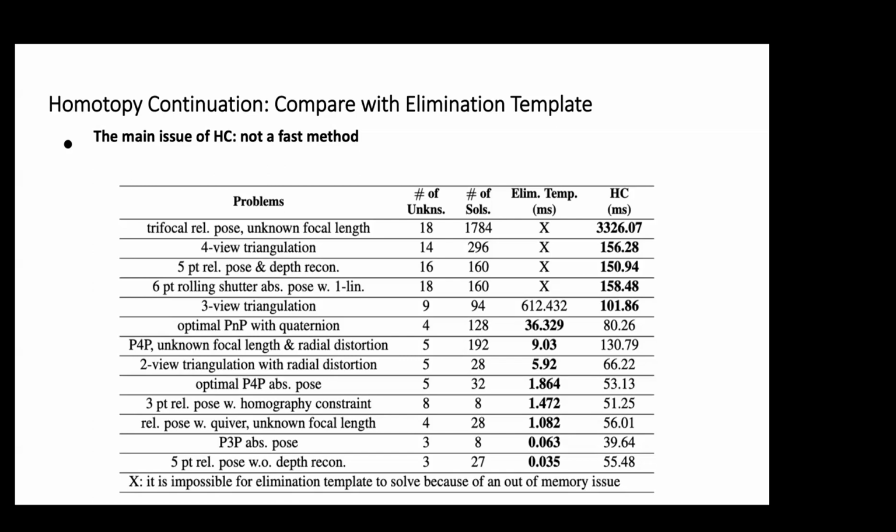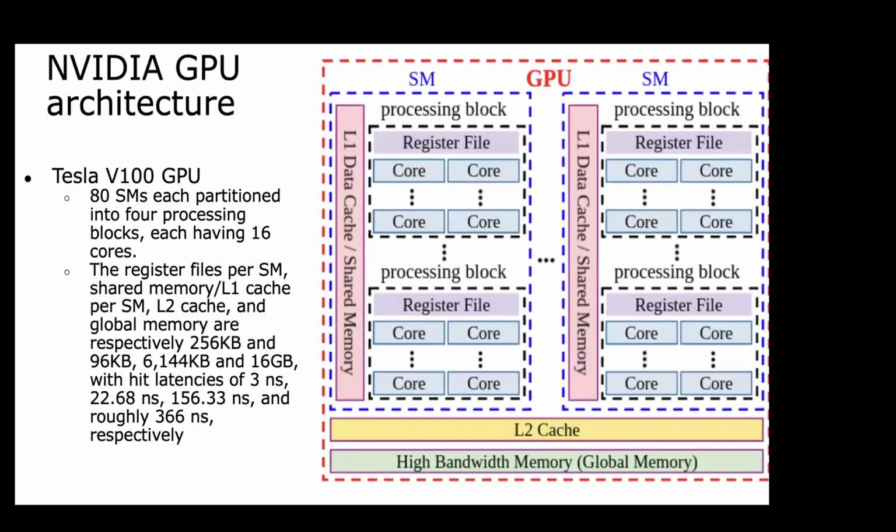At least there is a way. All these other things fail when it comes to trifocal relative pose estimation. There is no solution. Homotopy continuation is the way to go, but hey, we pay dearly for it. So then the whole endeavor is how to make this technology accessible, and Ricardo presented some that I'm not going to summarize now.